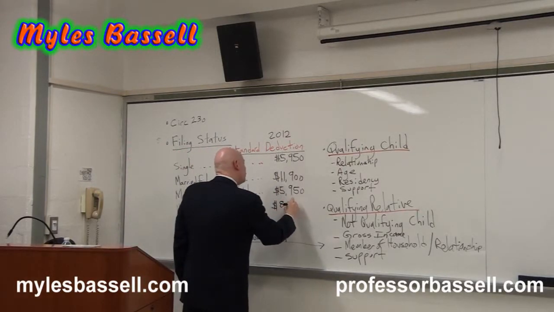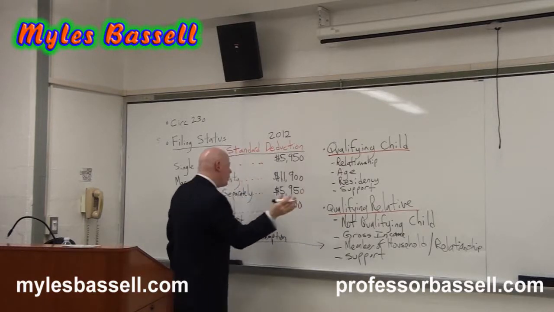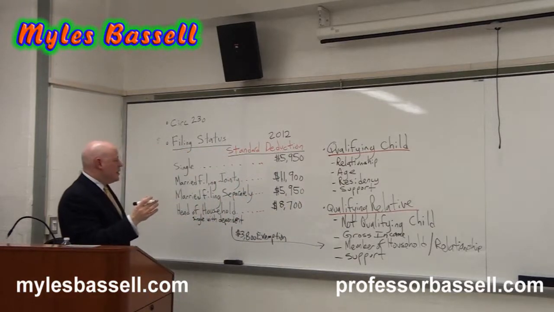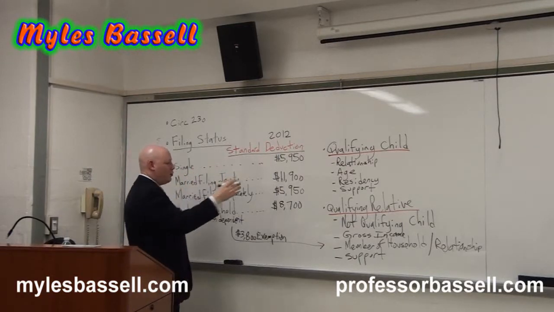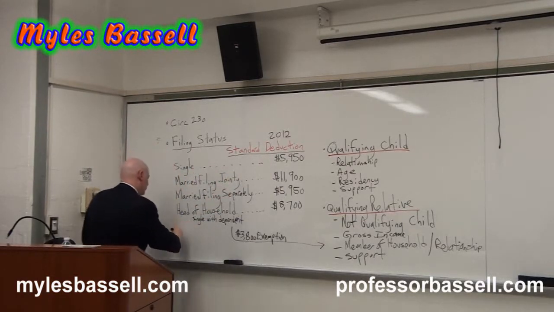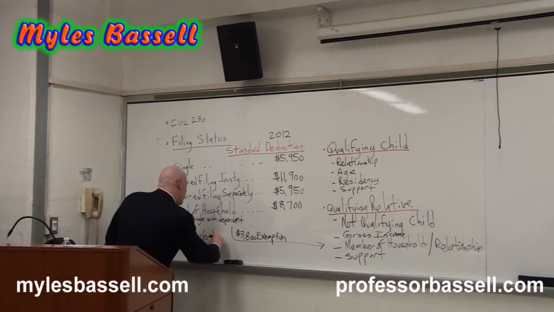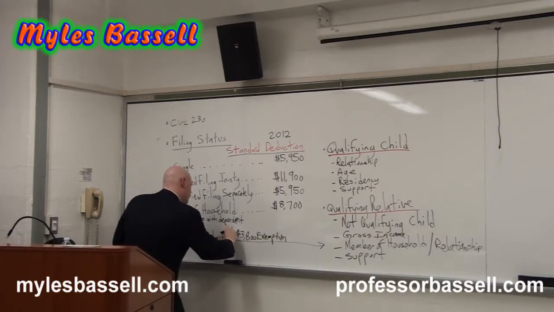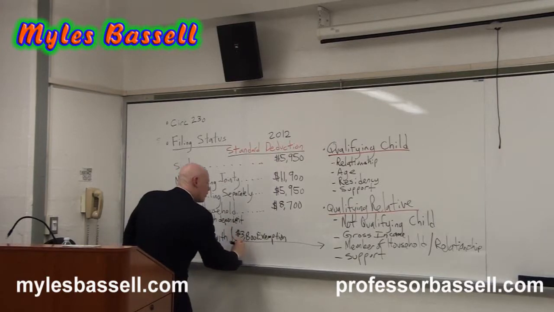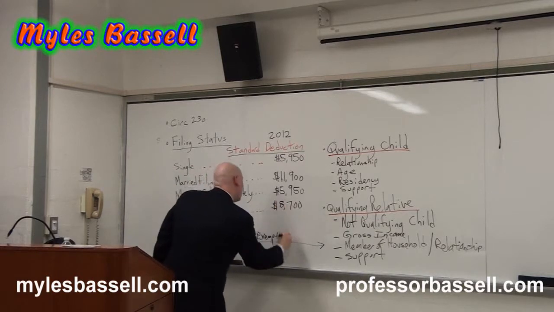And for widow or widower with a dependent child, it is 11,900. So let's put that here. Widow or widower with dependent is, what do we say, 11,000?